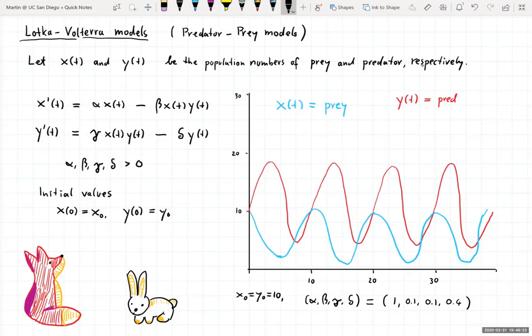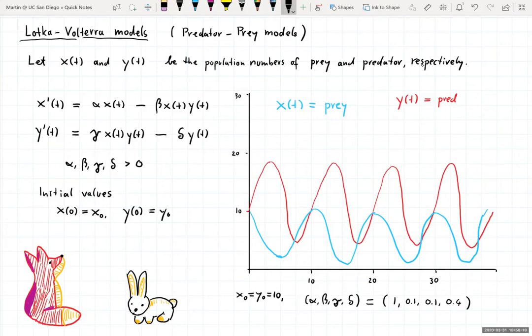But then as we have many bunnies and many foxes, suddenly the foxes have lots of prey they can feed on, and they grow again as the number of bunnies goes down. And as the number of bunnies has gone down, also the number of foxes goes down again. The predator population declines, and as the predator population declines, the number of bunnies goes up again. And that cycle just repeats over and over again.